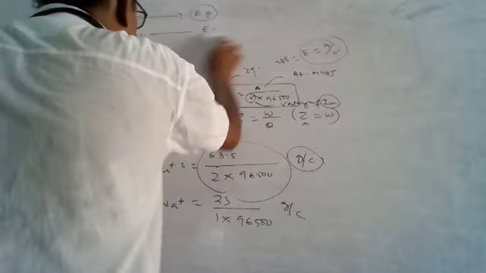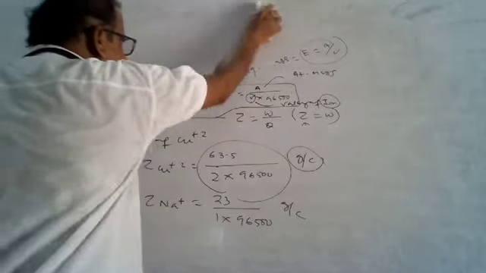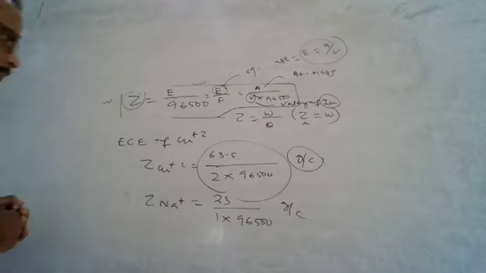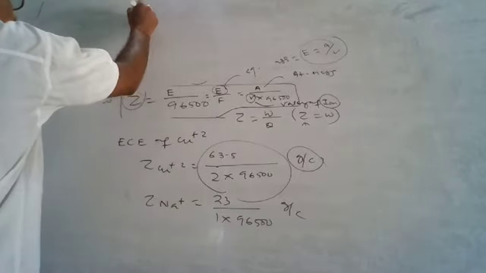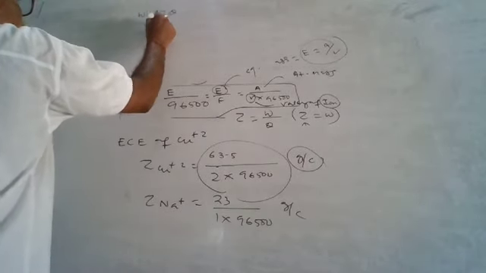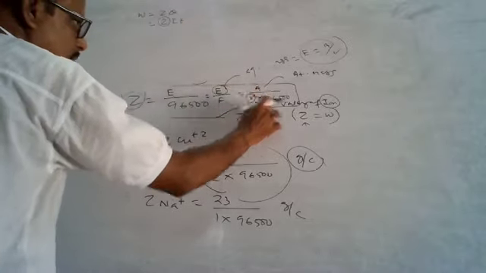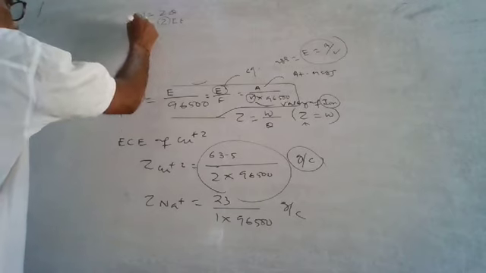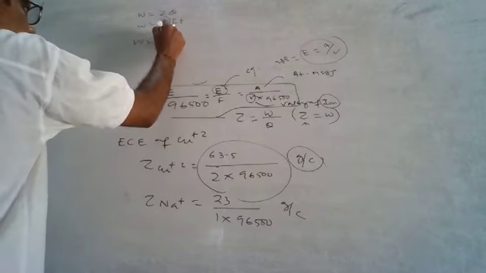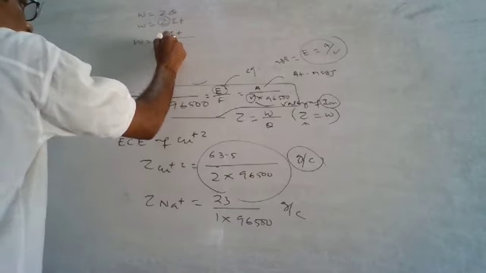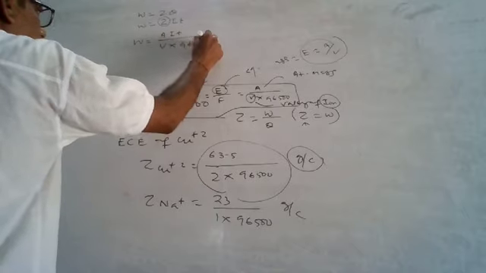Now we have a more elaborated formula for your understanding. W is equal to ZQ, that is W is equal to ZIT. In place of Z you can write A by V into 96500, so W is equal to AIT by V into 96500.